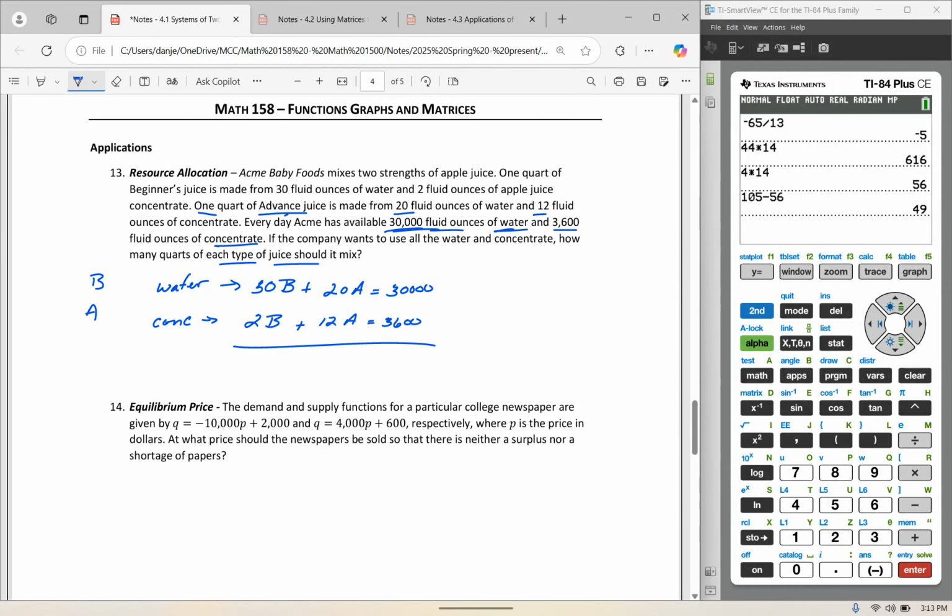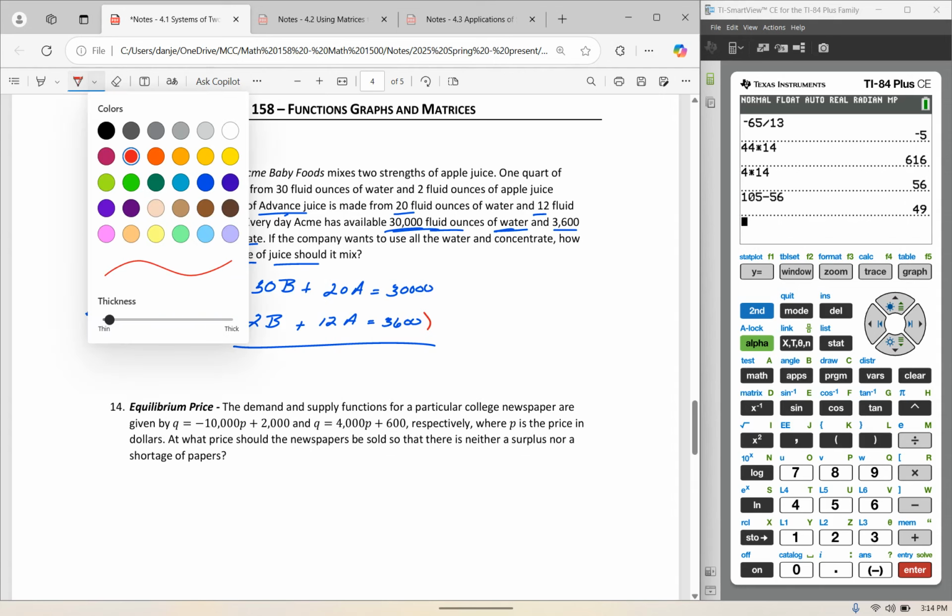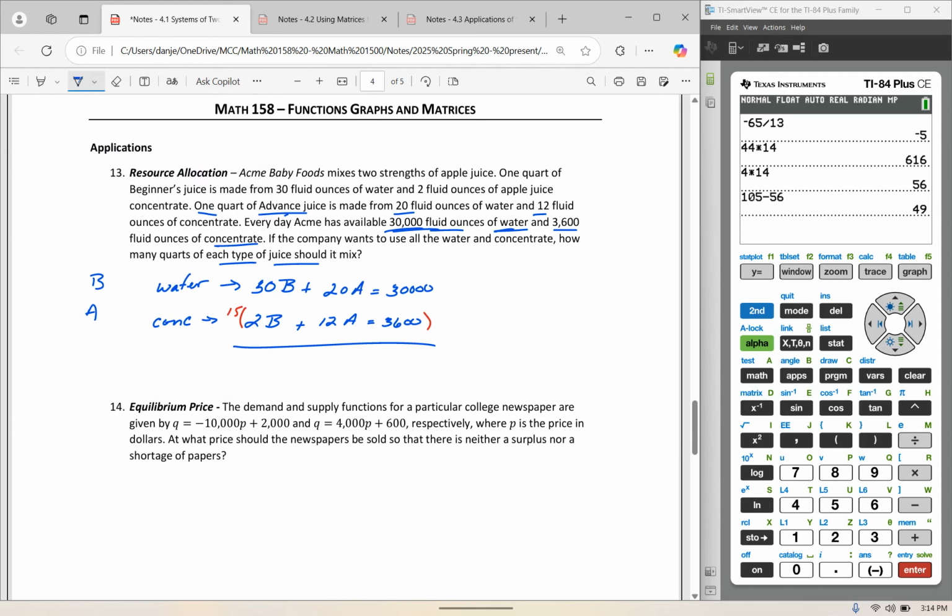I think what I would choose to do here is multiply the bottom equation by 15, so that becomes 30b. So we have 30b plus 20a equals 30,000.